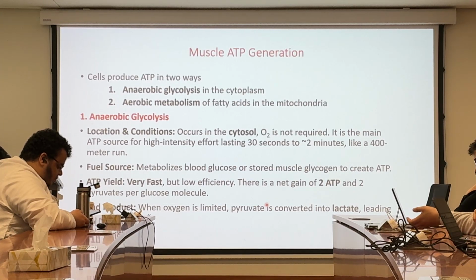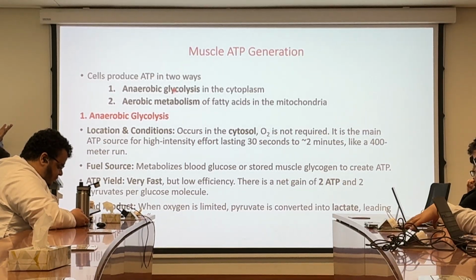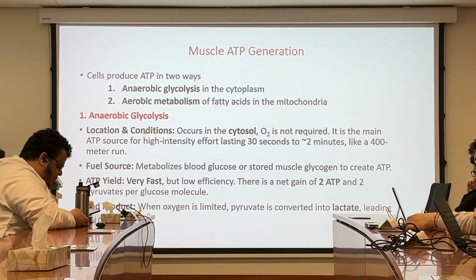Then what happens? Now you go into biochemical pathways. Pathway number 1, anaerobic glycolysis. You've got glucose either in the blood that's supplied to the muscle or a little bit in the muscle as glucose 6-phosphate. Where is anaerobic glycolysis taking place? Obviously in the cytoplasm.